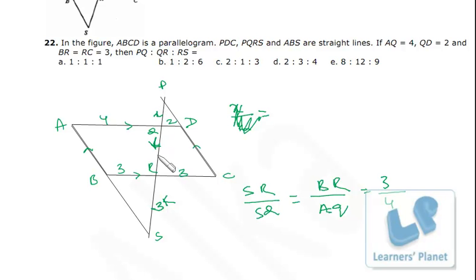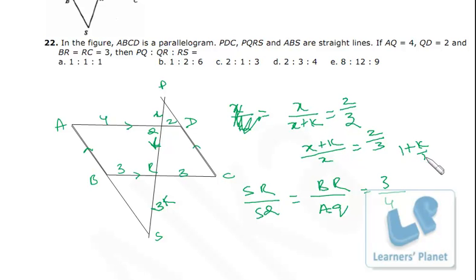So X upon X plus K is equal to 2 by 3, right? The sides will be in proportion. So X upon X plus K is 2 by 3. So what I can do is X plus K by X is equal to 3 by 2, or 1 plus K by X is equal to 3 by 2.